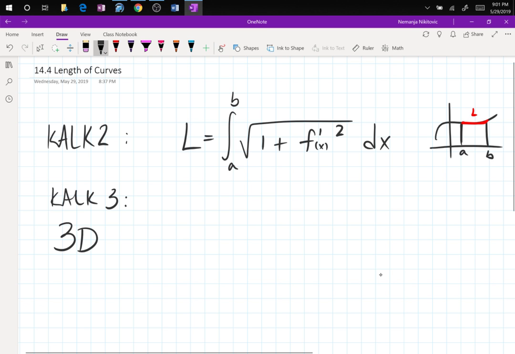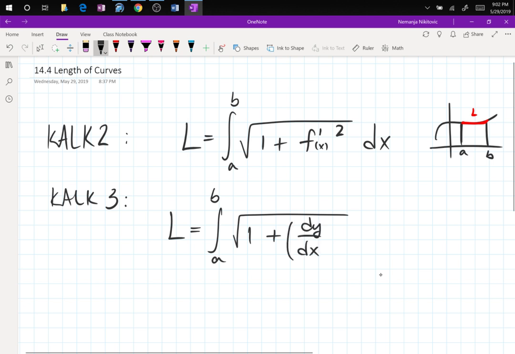First, we're going to do a 2D case because we need to convert this. So which way are we going to deal with this? Well, we are first going to convert this formula. We're going to use dy dx squared.